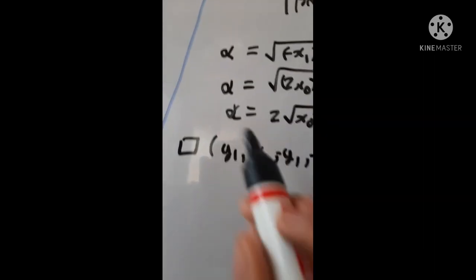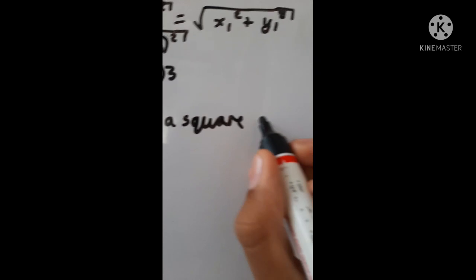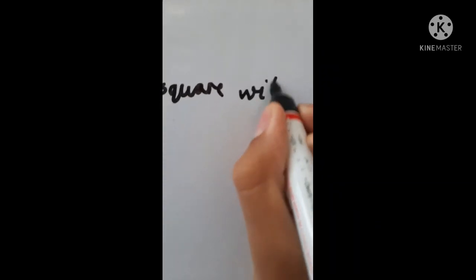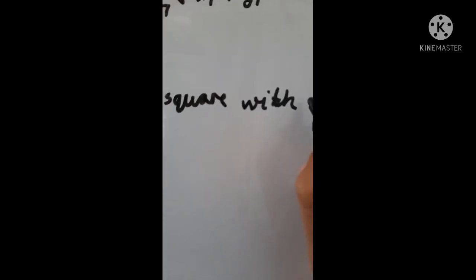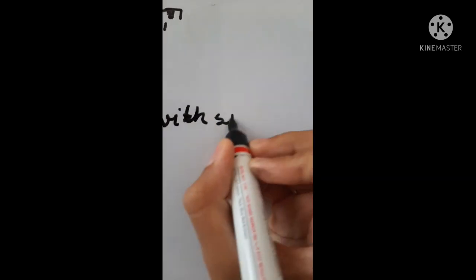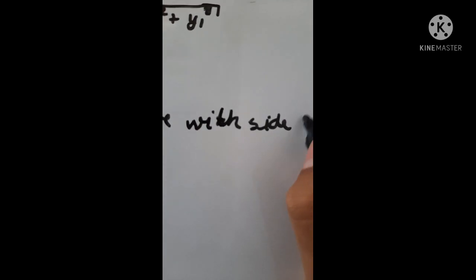Now we have the distance. Let's call it width. My handwriting is pretty bad, pardon that. With side alpha.